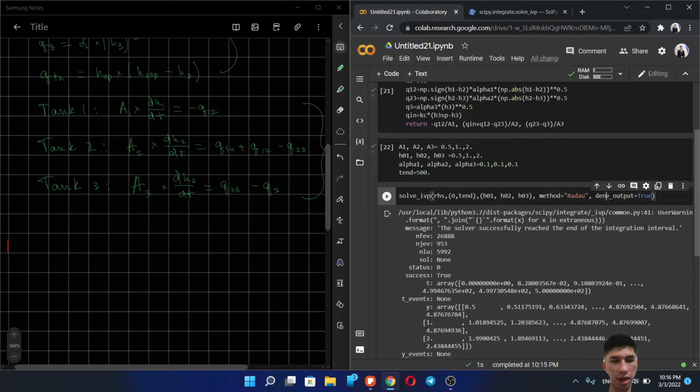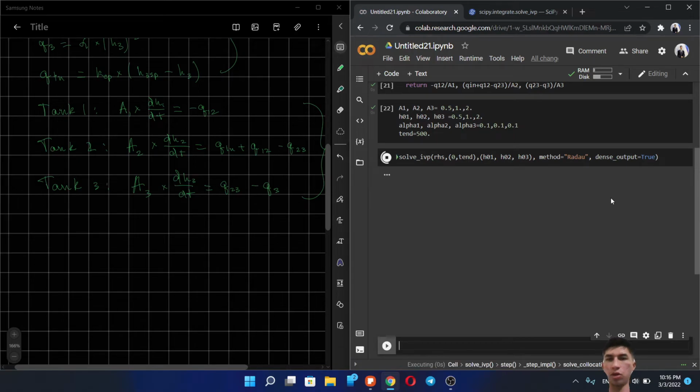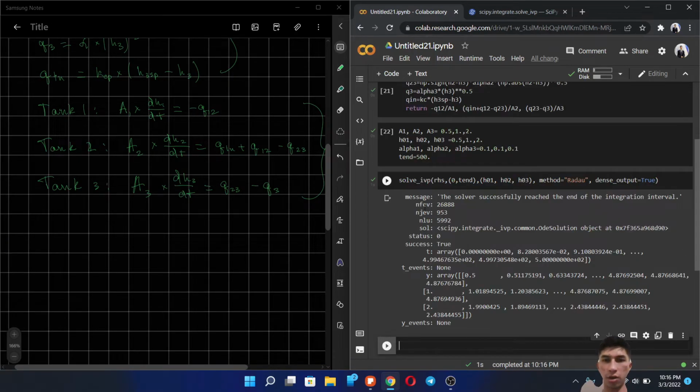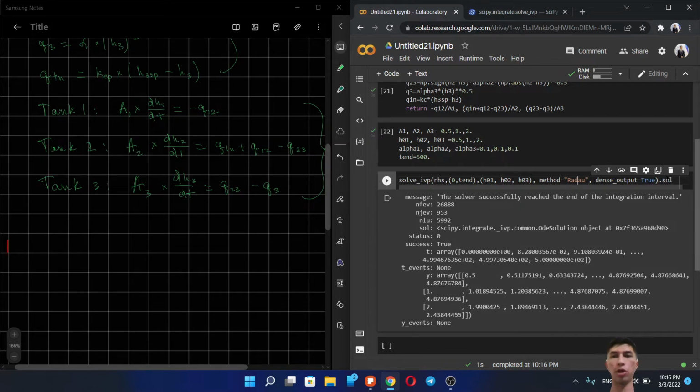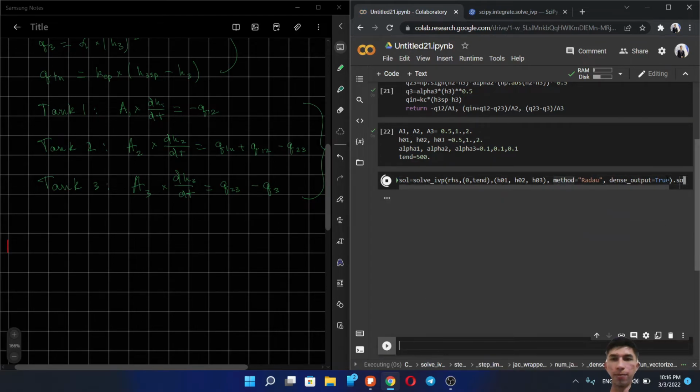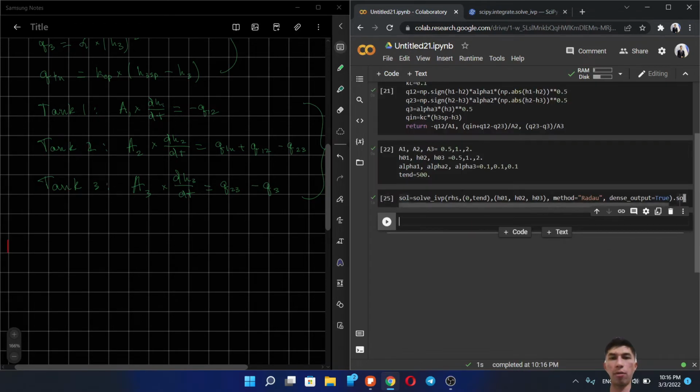Oh, that's because of using C instead of S. So now we have here the solution for our three differential equations. If I want to isolate that value, I'm gonna put dot sol. So I can make this equal to sol as a variable and run it. So now we have a variable sol, and we can use it for plotting.